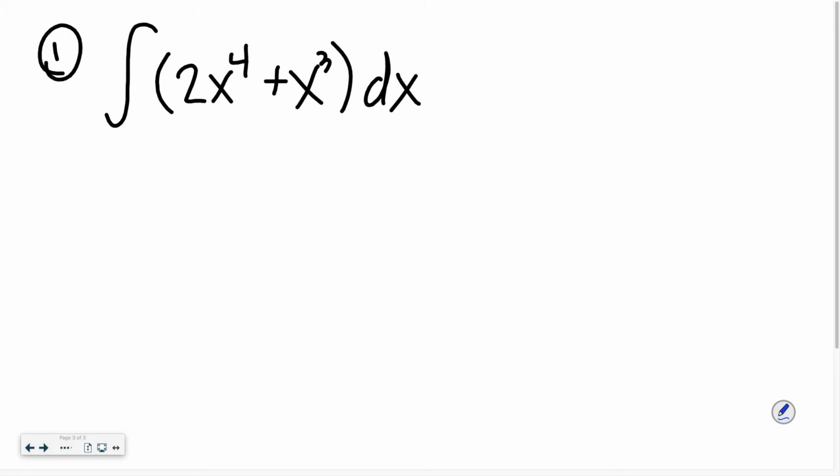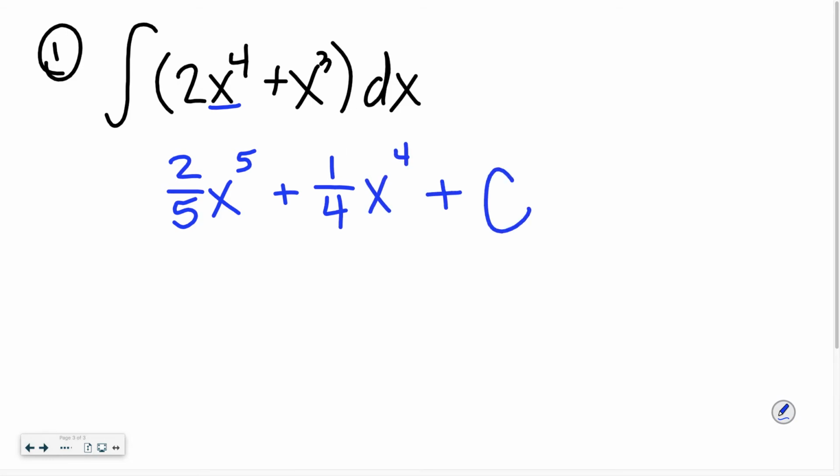So we know that the antiderivative of x to the 4th is 1/5 x to the 5th, but we just need to keep that 2 there with it. So 2/5 x to the 5th, right? And then the antiderivative for x cubed would be 1/4 x to the 4th. And then we have plus c.